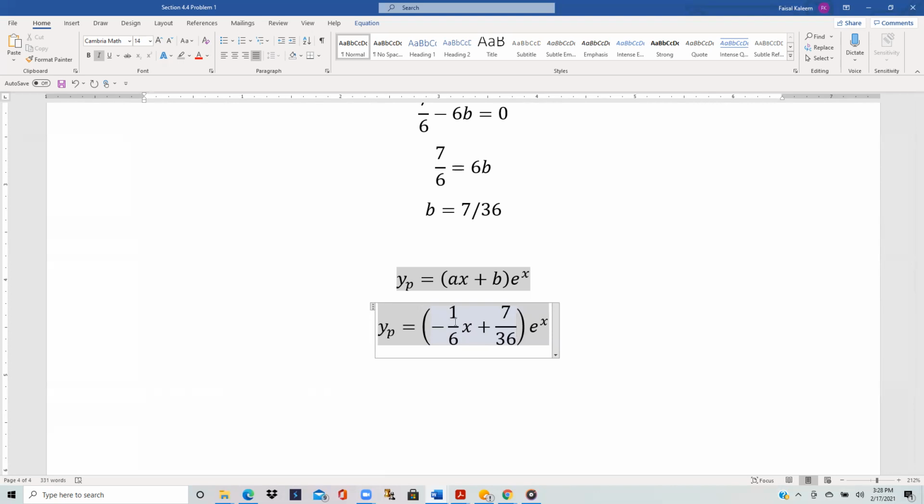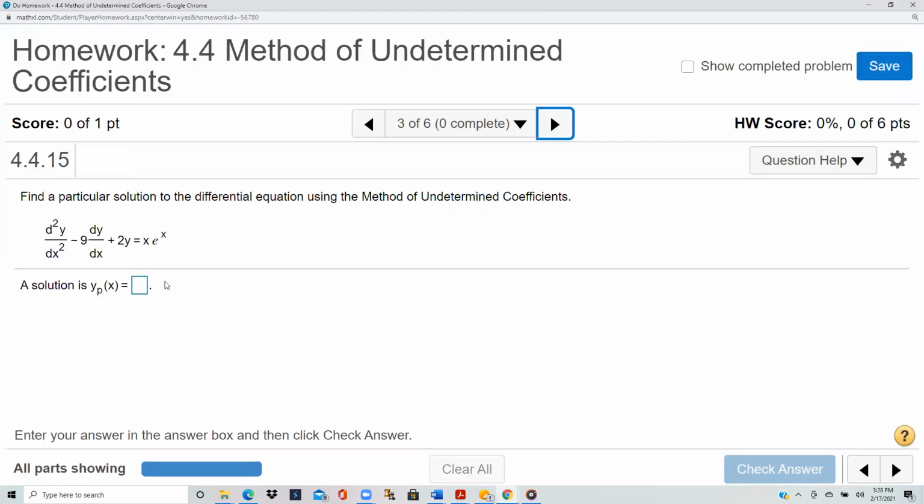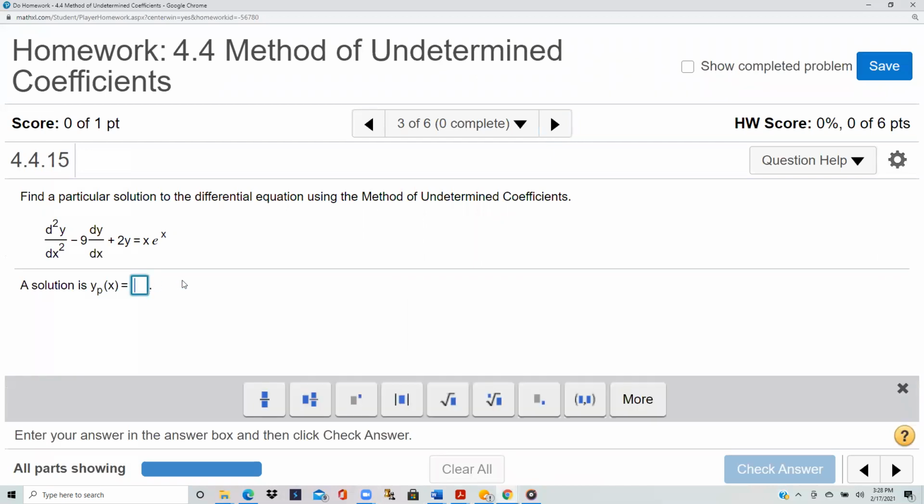Okay, so negative x by 6 plus 7 by 36 times e to the x.